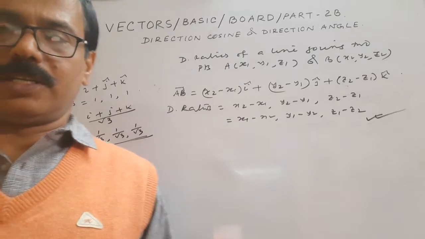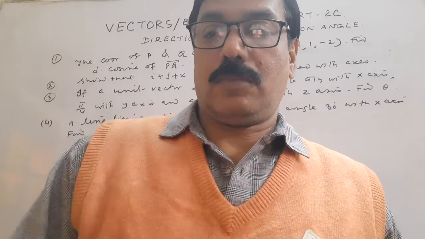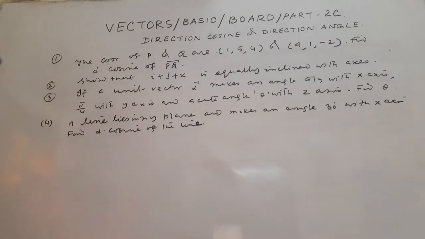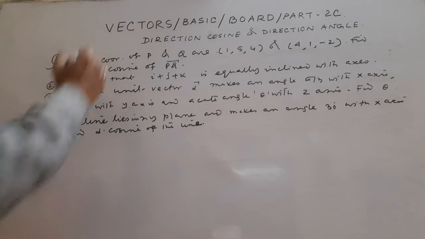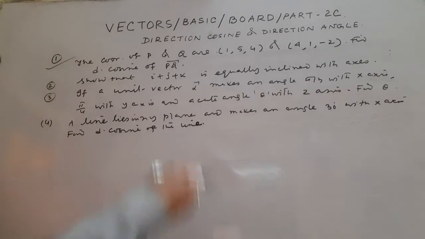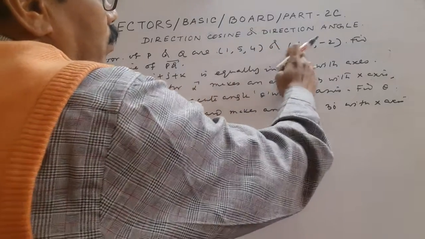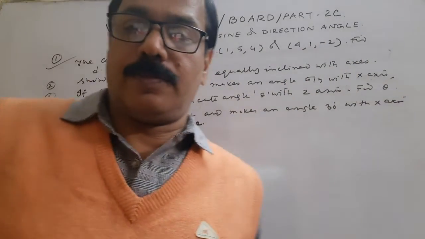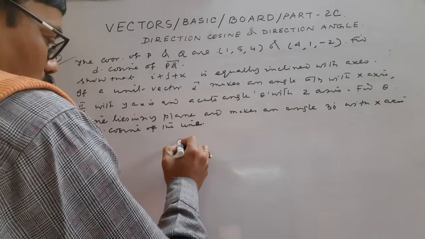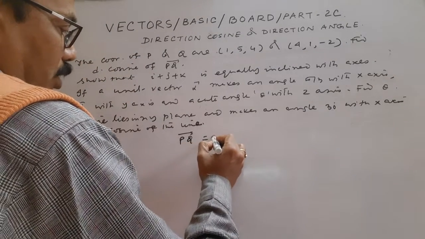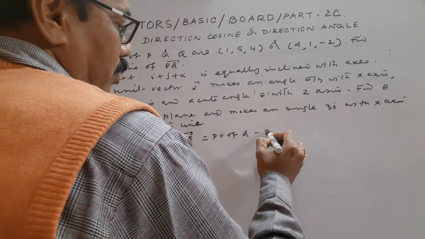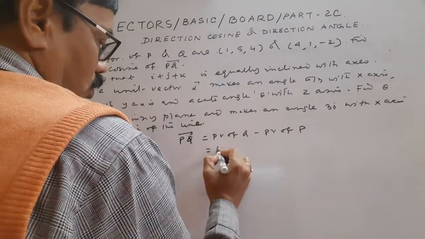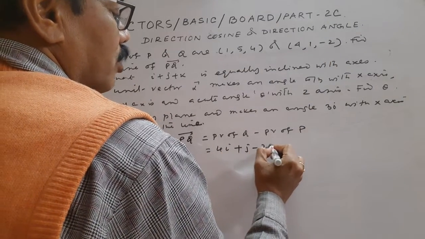Now we consider some problems. Problem number 1. The coordinates of P and Q are (1, 5, 4) and (4, 1, minus 2). Find the cosine of PQ. I have already discussed that PQ is equal to PV of Q minus PV of P. So PV of Q is 4i plus j minus 2k.